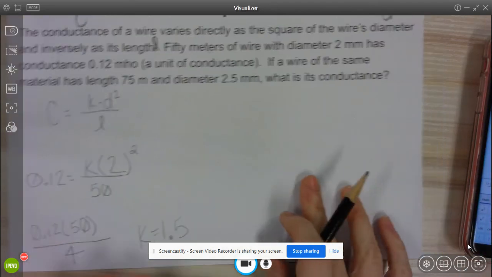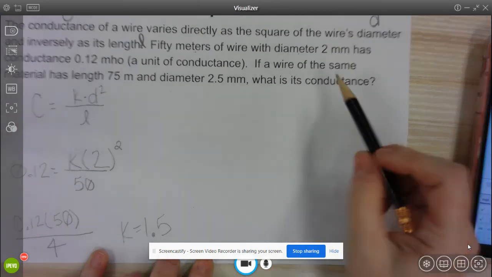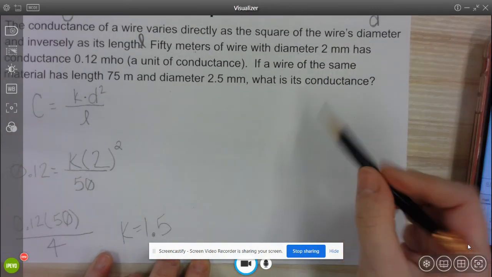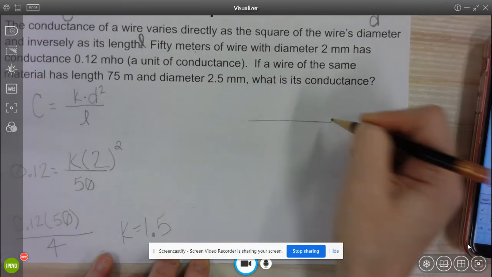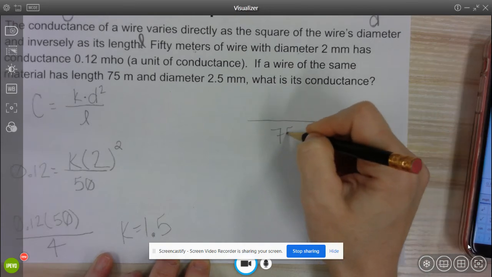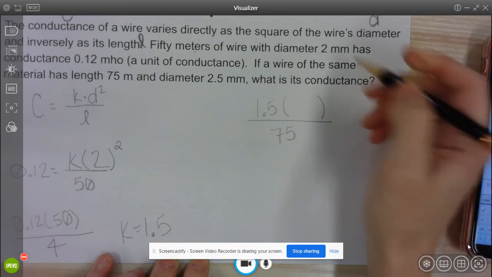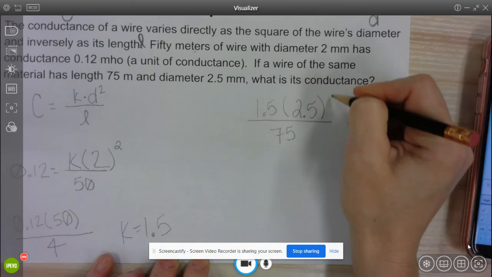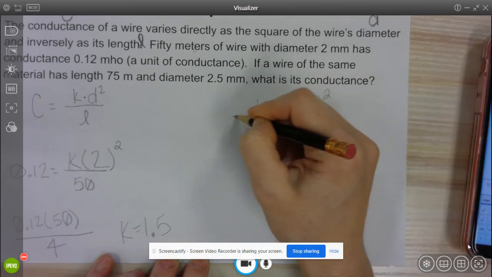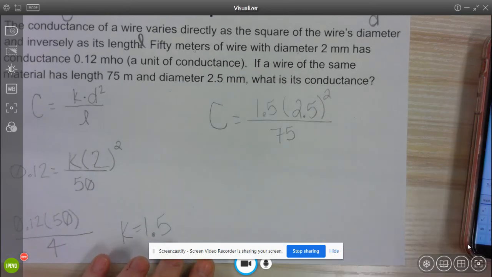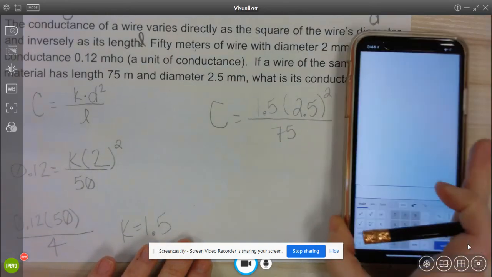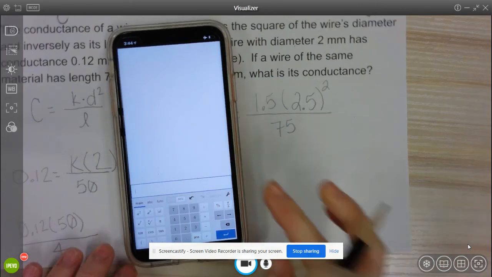So now I can go ahead and use this other information. A wire of the same material has a length of 75 meters. I know my constant now, and it has a diameter of 2.5 millimeters, and I need to find the conductance. So I'm actually just going to put that straight into my calculator as it is.